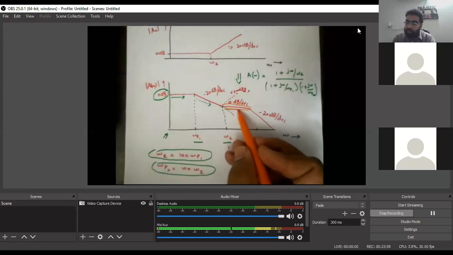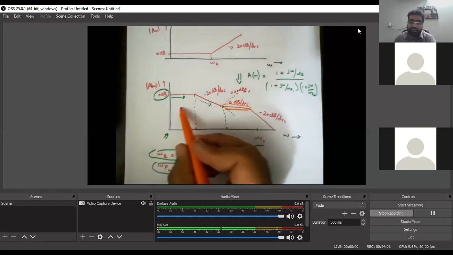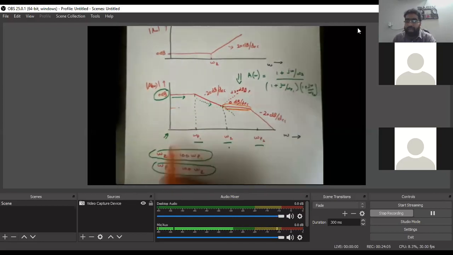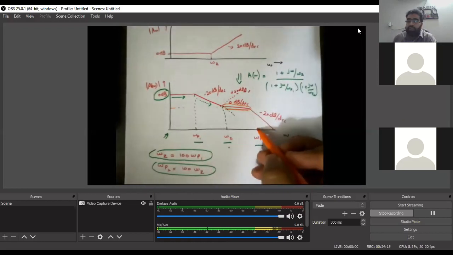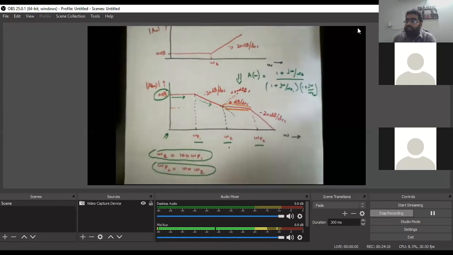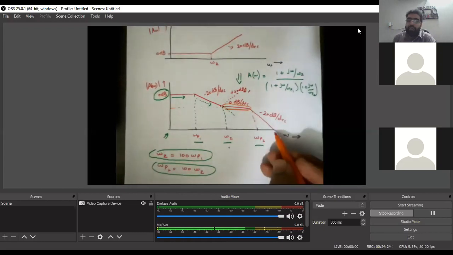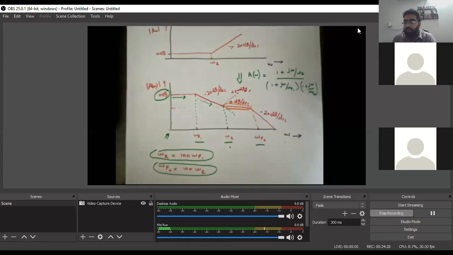So there is no slope, but it has reached some value. This value is not 0 dB, it is some value which we don't know because we are not putting in exact numbers. But what we are sure of now is that it's a flat line with a slope of 0 dB per decade. We'll continue to have that slope until we meet the next pole, which is omega p2, and as it reaches omega p2, again we have a minus 20 dB per decade slope, and it will continue forever until it meets a zero.